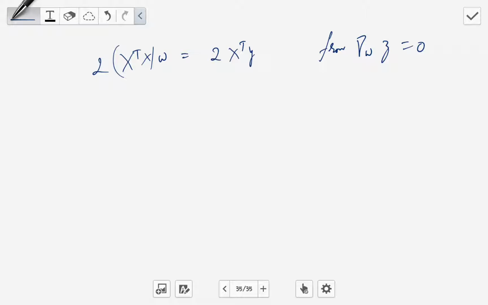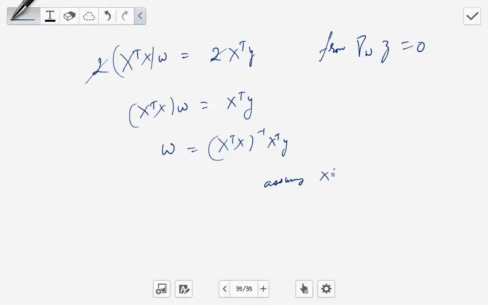Now cancelling 2 on both sides, we get x transpose x w is equal to x transpose y. Then w is given as x transpose x whole inverse x transpose y, assuming x transpose x is invertible.